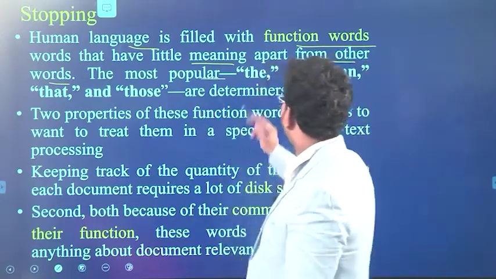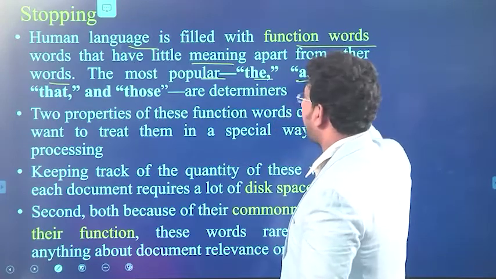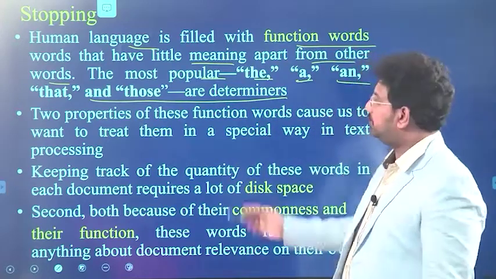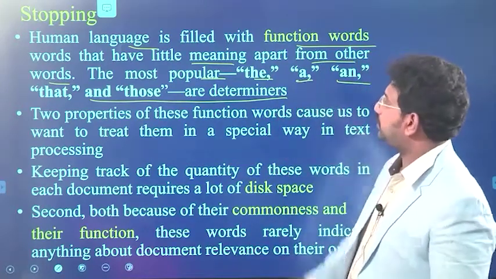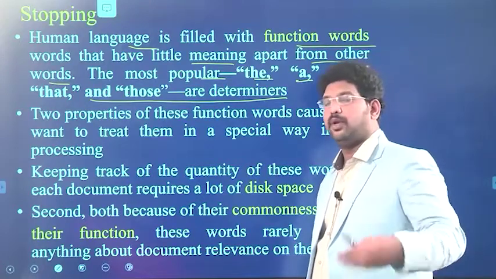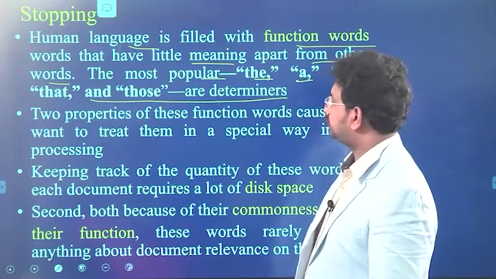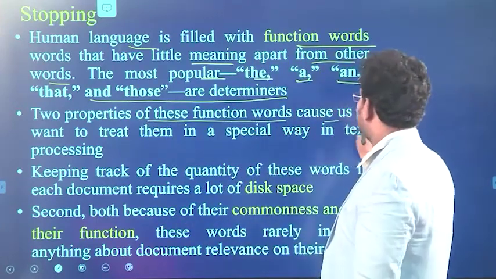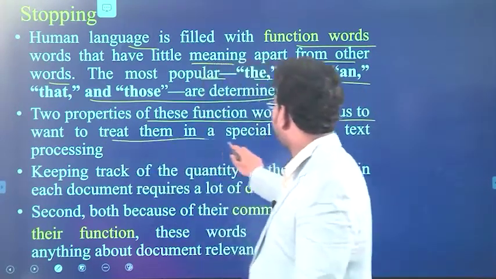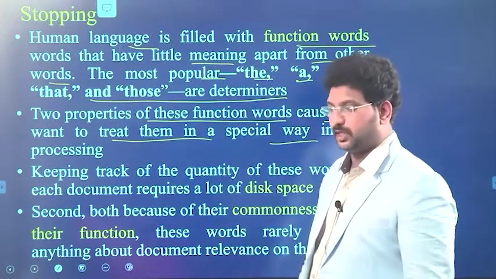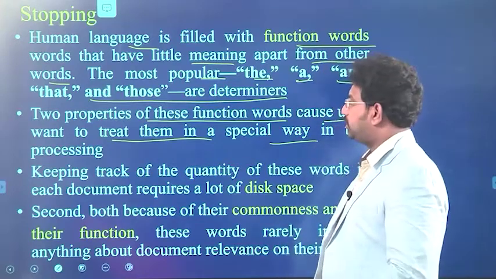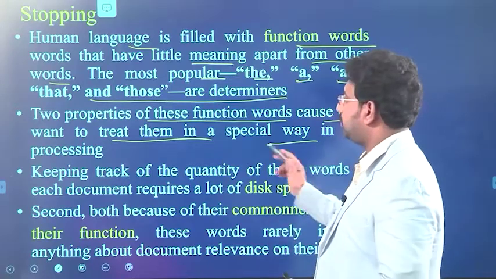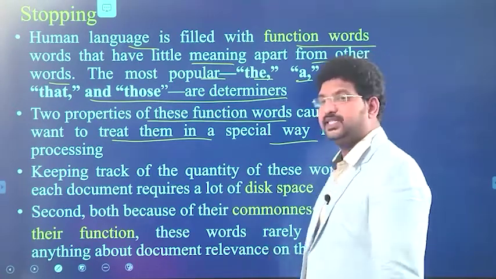The most popular are the, a, and, that, and those are determiners. You can observe that these words are repeated more in any text document. There are two properties of these function words that cause us to want to treat them in a special way in text processing.